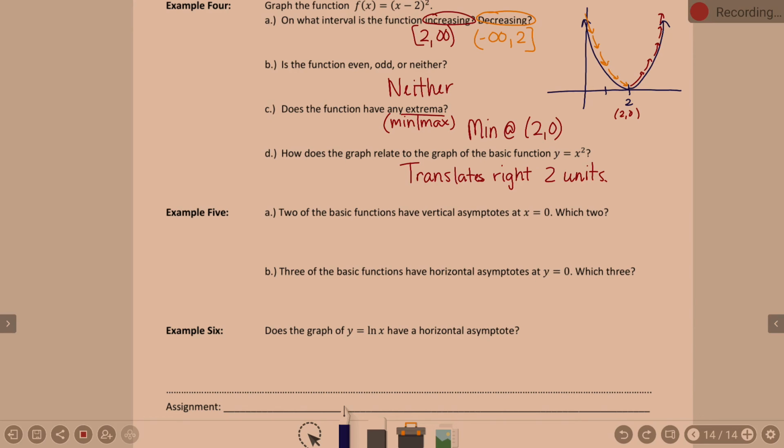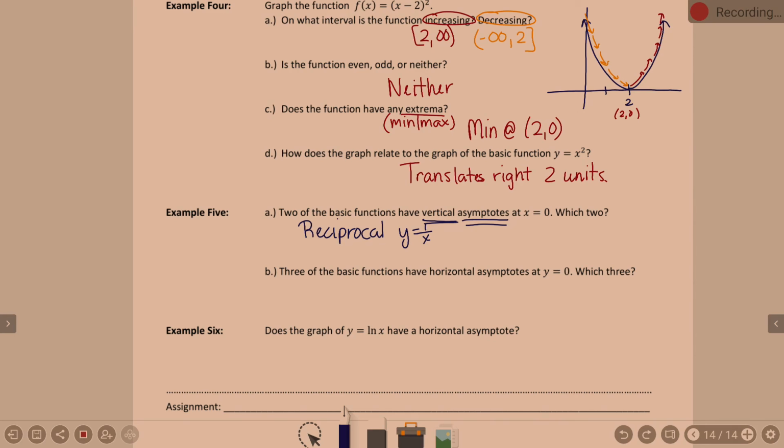Oh, asymptote. Are those horizontal? Hold up. I got reciprocal and natural logarithm. I agree. I've heard reciprocal a couple of times. Oh yeah, you're so right. Vertical's up and down. Okay.